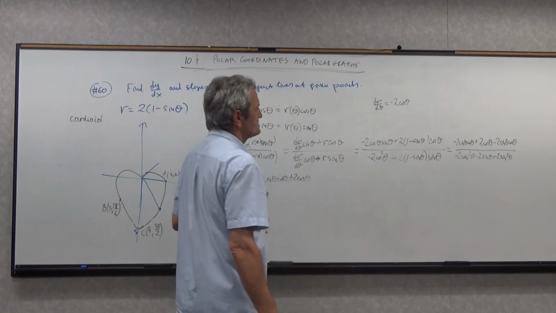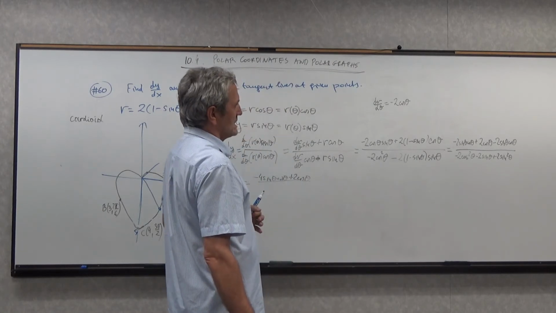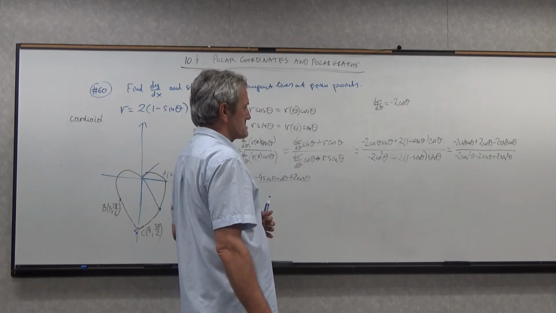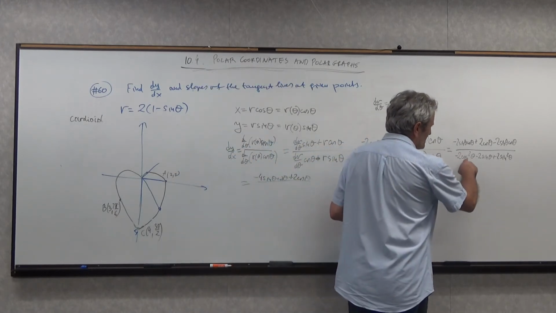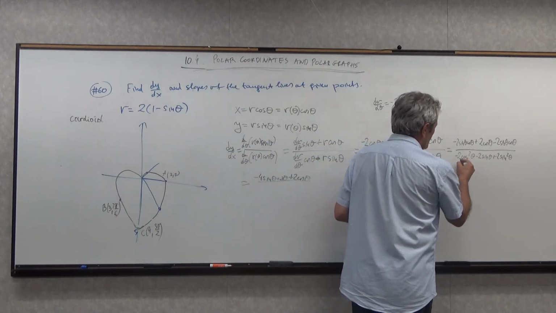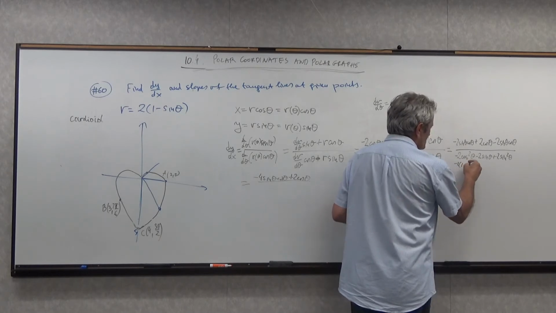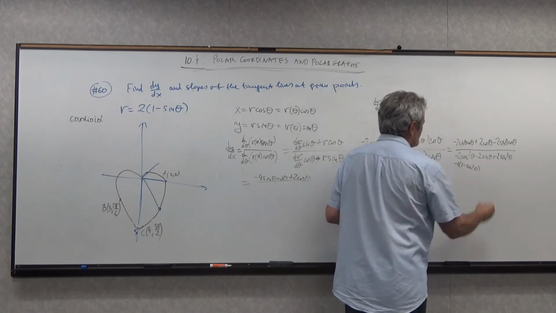On the bottom, I'll get what? Here I like everything to be in terms of cosine, so I'll trade minus 2 times 1 minus sine squared theta.